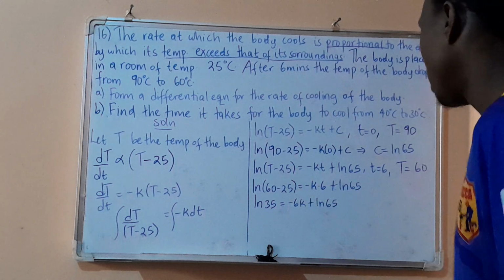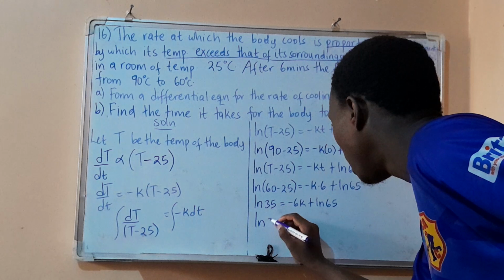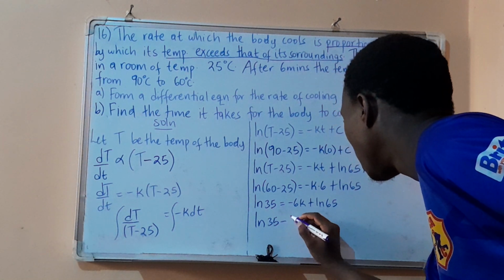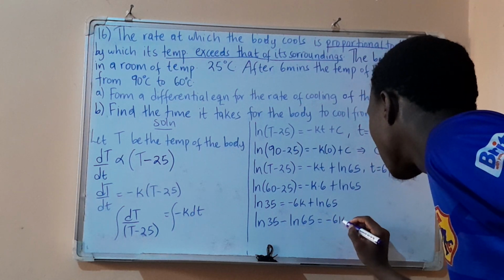So you bring this side: natural log 35 minus natural log 65 is equal to negative 6k.